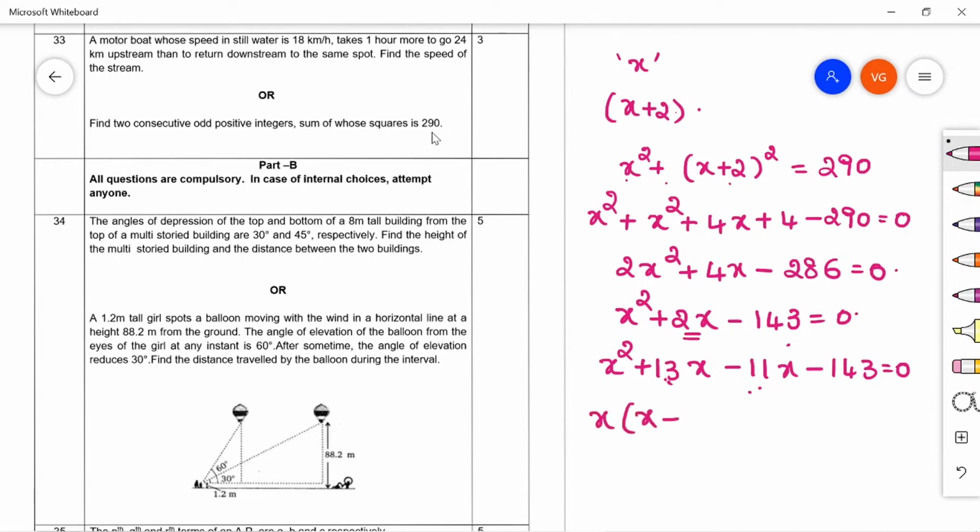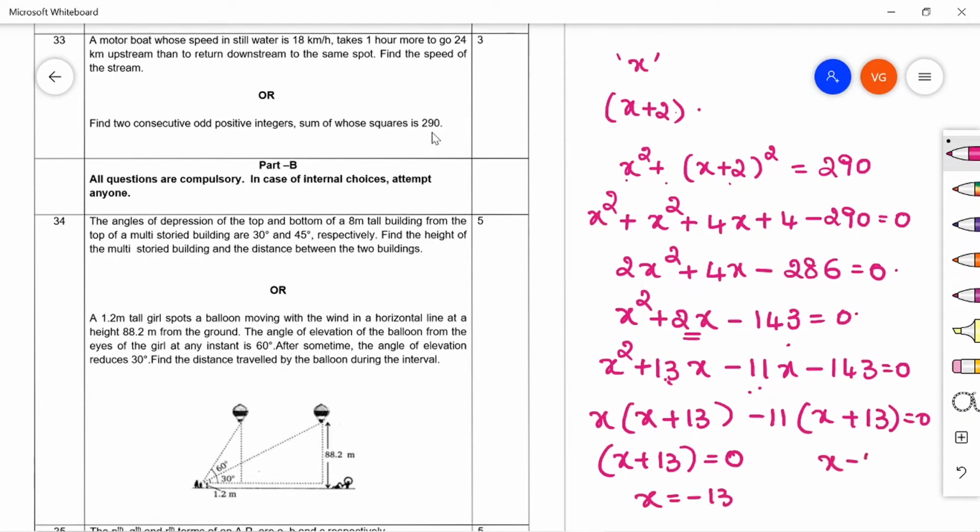So take x common: x plus 13, minus 11 common, x plus 13 is equal to 0. So x plus 13 is equal to 0, or x is equal to minus 13. x minus 11 is equal to 0, or x is equal to 11. So the number can be minus 13 or plus 11.